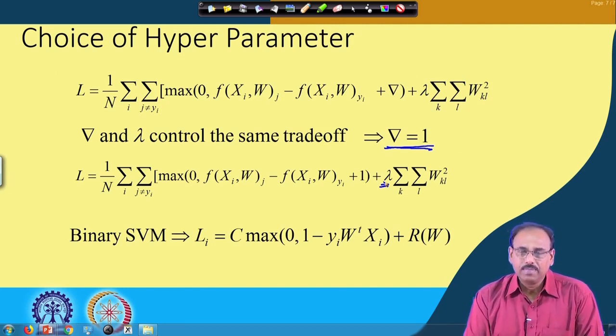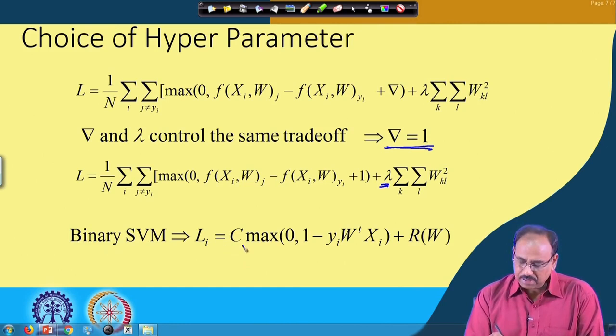said that given the separating plane between two classes omega 1 and omega 2, during training I will be satisfied only when W transpose Xi for a training vector Xi is more than a normalized distance 1. So, accordingly, a loss function for a binary SVM can be defined like this.